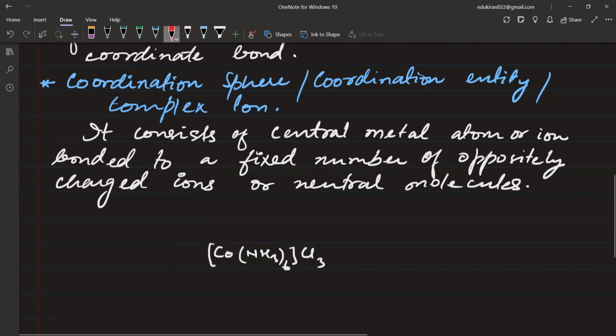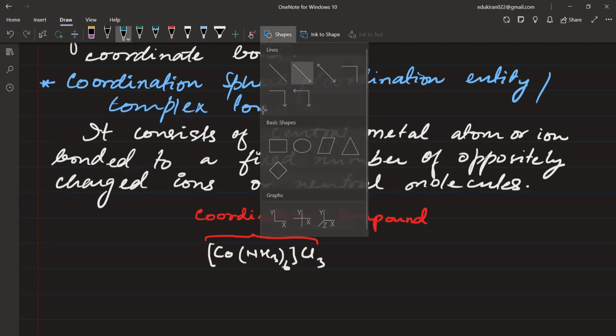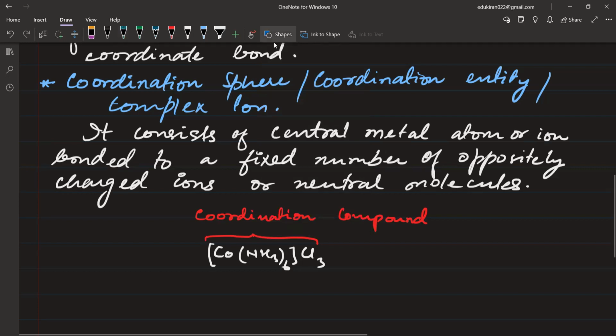It is a coordination compound. Now, in this coordination compound, we have something which is known as the central metal atom. And this is the central metal atom.